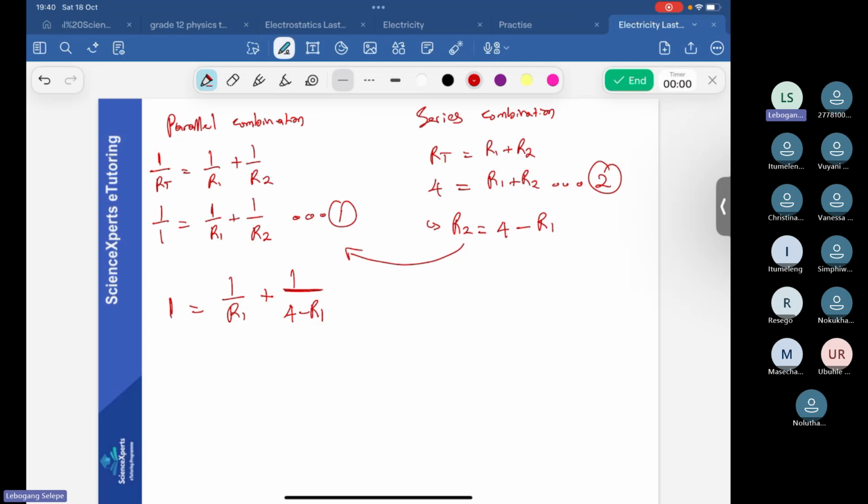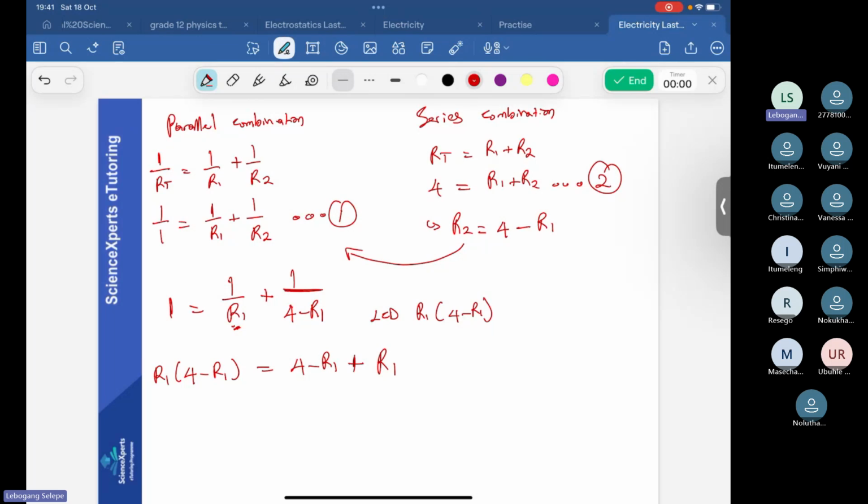Yeah, it's going to be a long one. Multiply everything by the LCD. So our LCD here is R1 into 4 minus R1. This is maths, guys. So I would have R1 into 4 minus R1 is equals to, when I multiply this by that, the R1 will cancel the R1 and I would be left with 4 minus R1 multiplied by 1, which is still 4 minus R1, plus when I multiply this with that, the 4 minus R1 would cancel the 4 minus R1, then I would have R1 multiplied by 1.